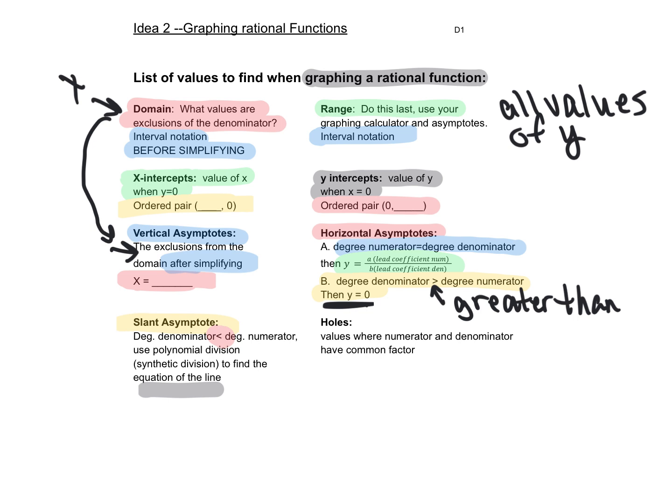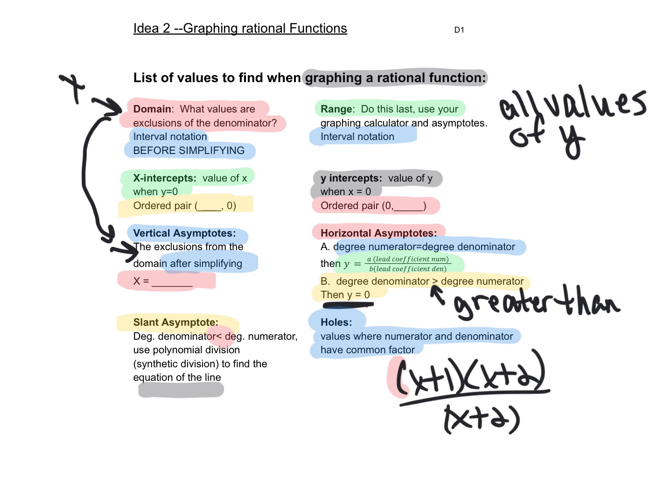And then the holes are the values where the numerator and denominator have a common factor. So if we had, when we have it all factored, x plus 1, x plus 2 over x plus 2 or something like that, if we cross out x plus 2, that means that we have a hole at x equals -2.